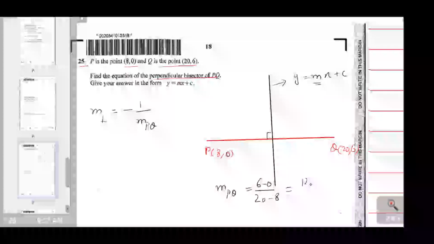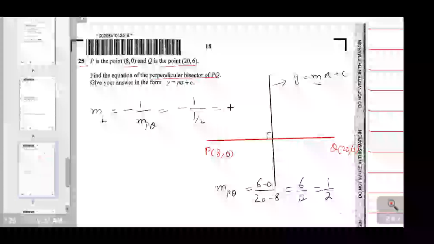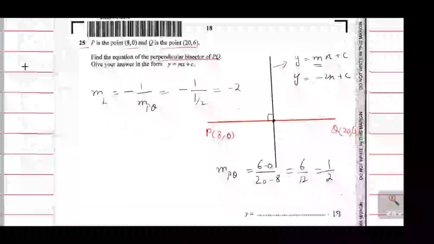This value is equal to 6 over 12, and this is 1 over 2, and we write here negative 1 over 2, and this will be equal to negative 2.